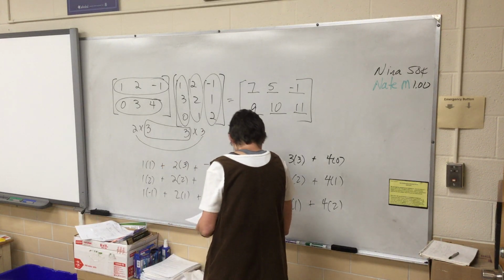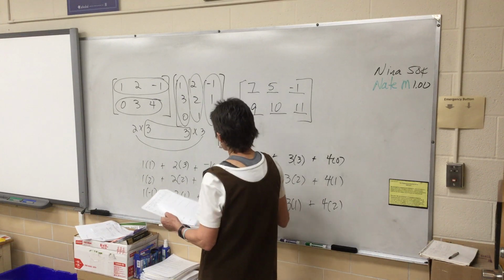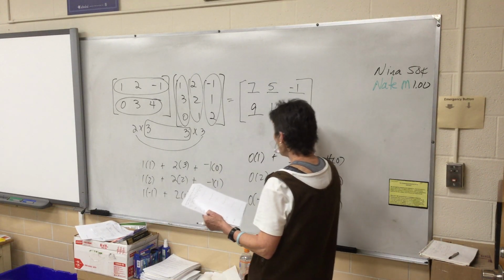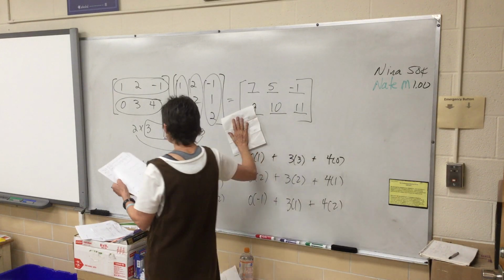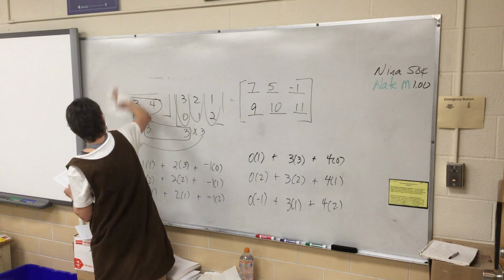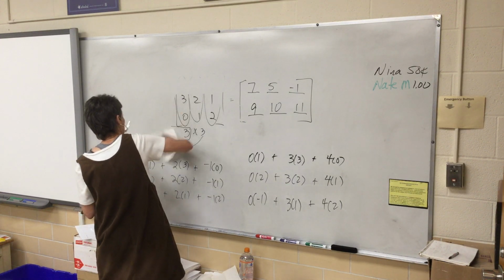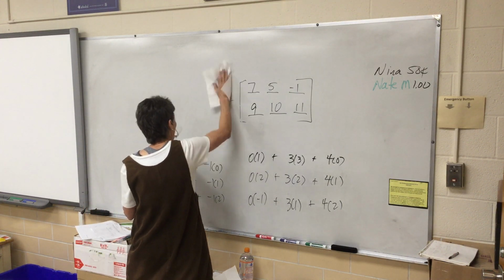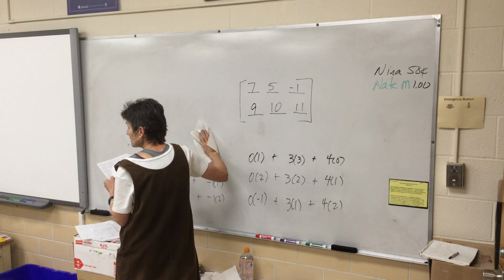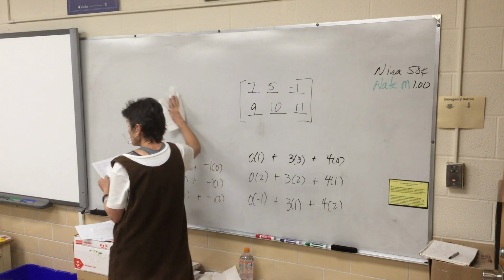Now the next one isn't multiply. The next one is add. So the rule for add is different. Look at matrix C. What are the dimensions of matrix C? 2 by 2. What are the dimensions of matrix A? 2 by 3.